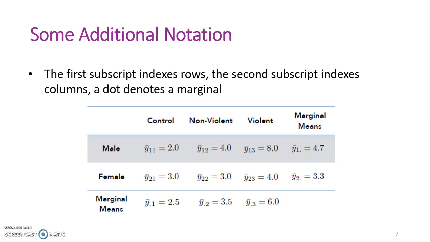Same for female, Y bar sub 2 dot indicates the marginal mean for the second row. The control marginal mean is Y bar sub dot 1, indicating the column 1 marginal mean, ignoring row, and so on.